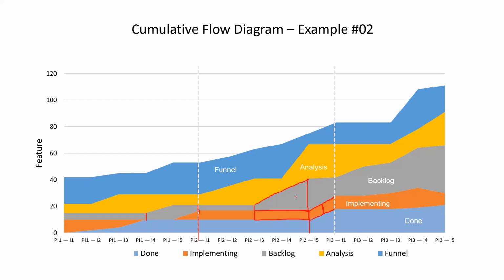Exactly. So the team is getting ready for the next set of requests by refining the backlog items, but they are unable to pick them up because they are still working on the items on hand, and because of the WIP limits they have set up.